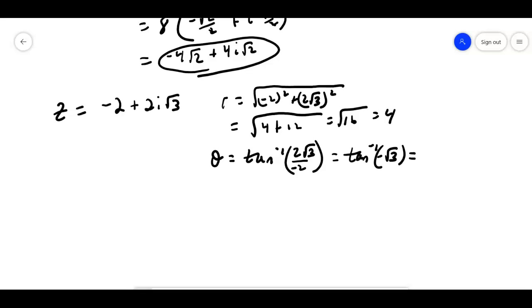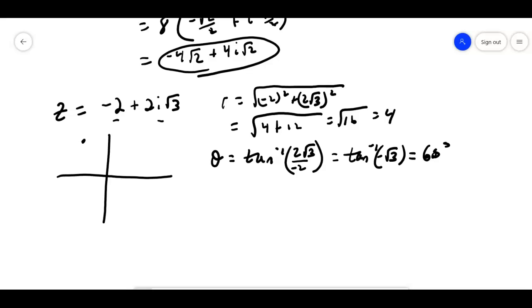And if you're not sure, you could use your calculator on this to help you. What's going to happen is your calculator will give you negative 60 degrees, but that's not the right answer, because if you think about where this thing is, you have a negative and a positive, so this thing is actually up here somewhere.